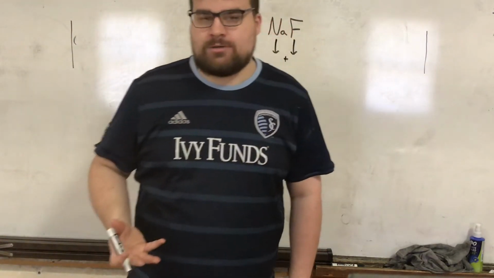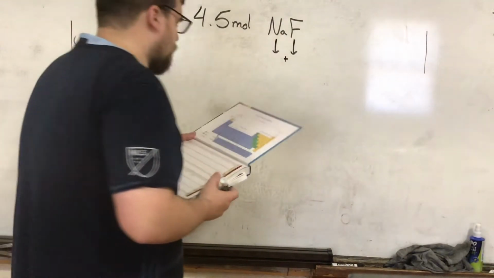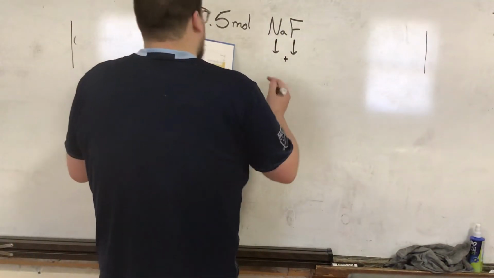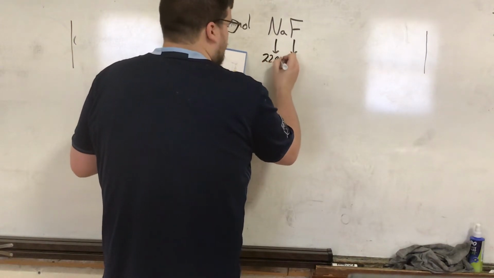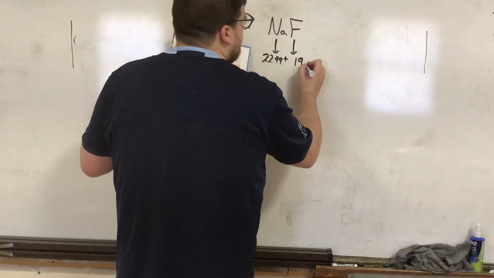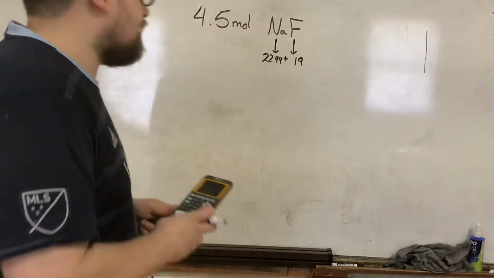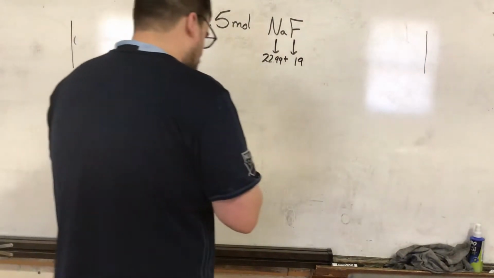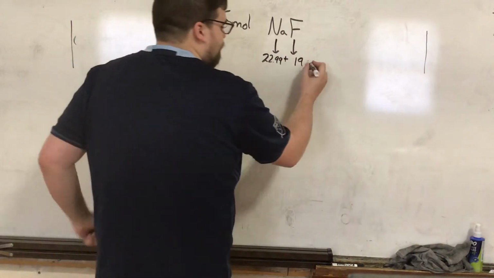of the compound. So if I look on the periodic table, the atomic mass of sodium is 22.99, and the atomic mass of fluorine is 19.0. So together, these have a molar mass of 41.99.